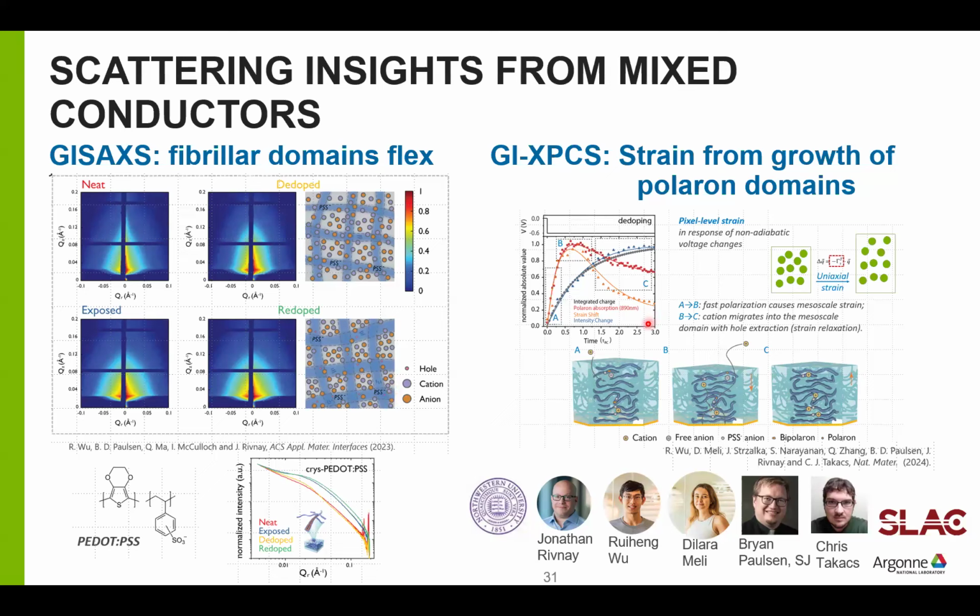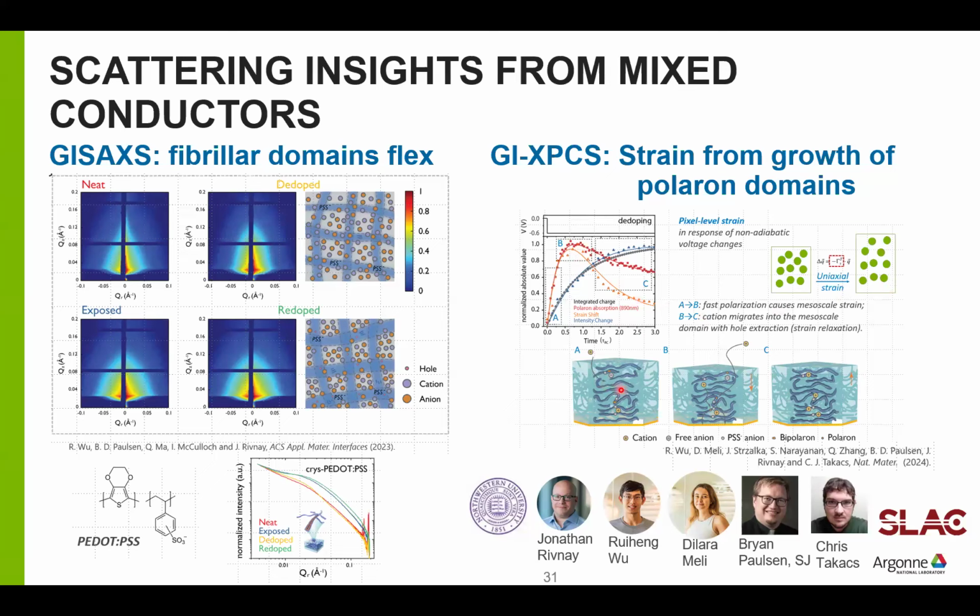So at 8IDI, we were able to look at this same material with XPCS, and interpret that XPCS data in terms of strain, as I mentioned earlier. So this orange curve is showing you the strain that the material undergoes as a result of the applied potential.